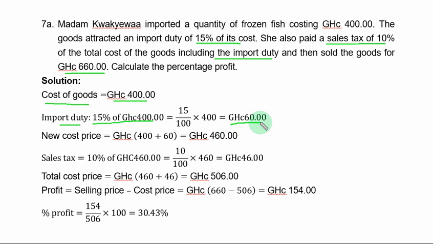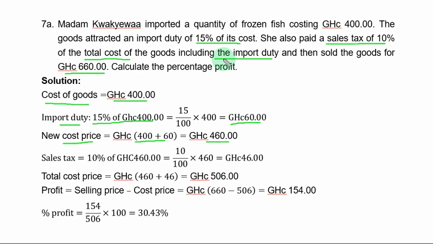The import duty is added, so you have a new cost price. New cost price is initial cost price plus import duty. That gives 460 Ghana cedi. If you continue, the sales tax paid includes the total cost including the import duty.